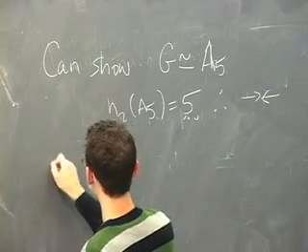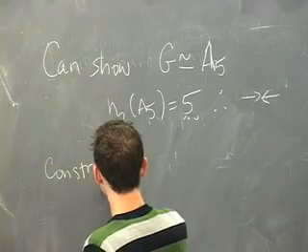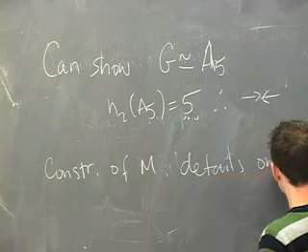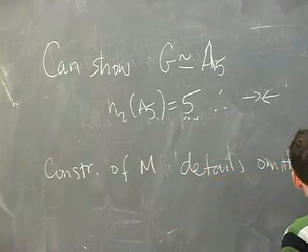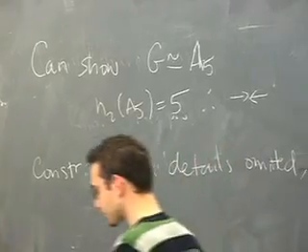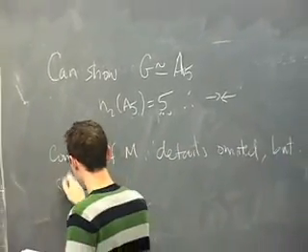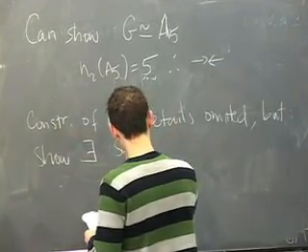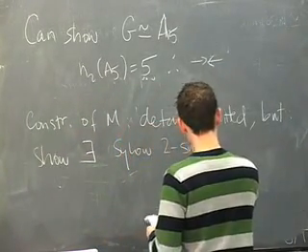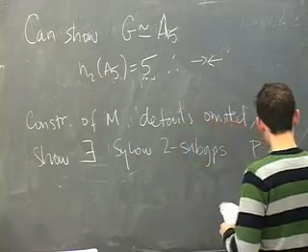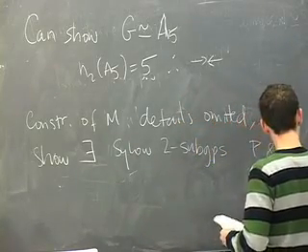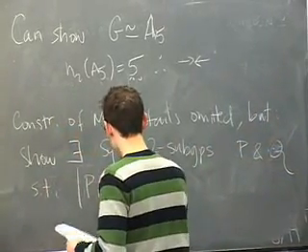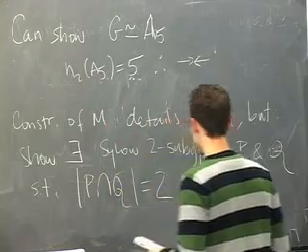Construction of M, details omitted, but here's the rough idea. Show there exist Sylow 2 subgroups P and Q such that the order of the intersection is exactly 2.